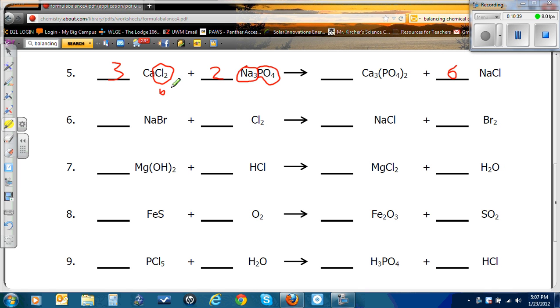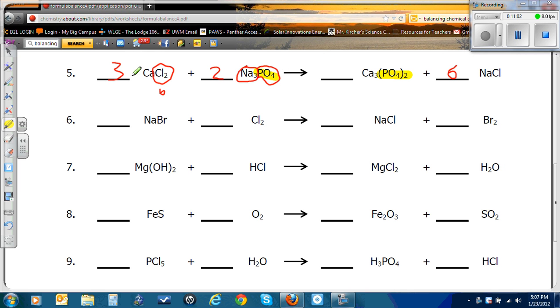We now have 2 parts phosphate. We move over here, and you notice that we have 2 parts phosphate because that subscript applies to whatever's in parentheses. So 2 parts phosphate and 2 parts phosphate.